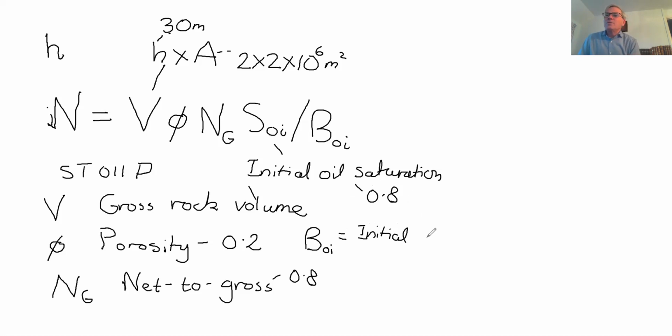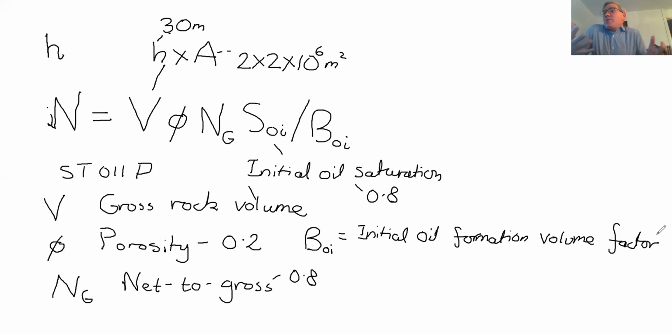So this is the initial oil formation volume factor. It's rather a mouthful, and it's just a mouthful. These aren't words that are particularly significant. Initial means what you first find when you discover it. Oil is because it's to do with oil.